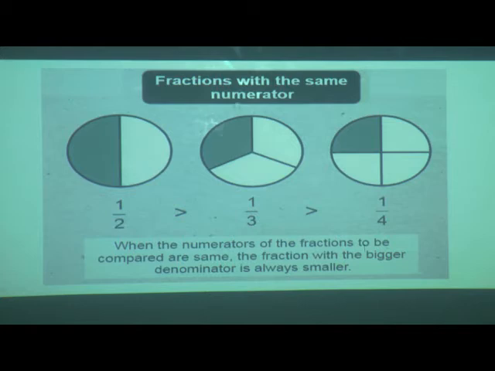Now our question was with the same numerator. These all have numerator 1, 1 and 1. Denominators are different.